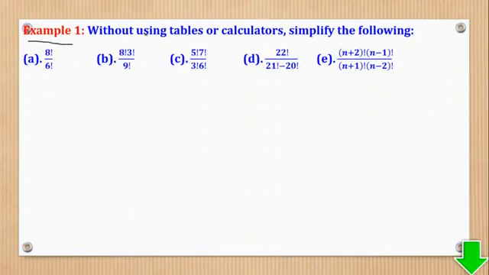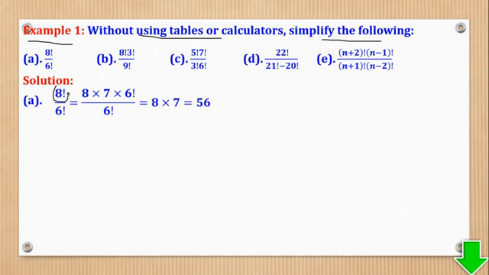Example 1 says, without using tables or calculators, simplify the following. Part A, 8 factorial over 6 factorial. We say that 8 factorial is the same as 8 times 7 times 6 factorial. We put a factorial here because if the factorial is not there, it should go up to 1, but if it doesn't stop at 1, we have to put a factorial.